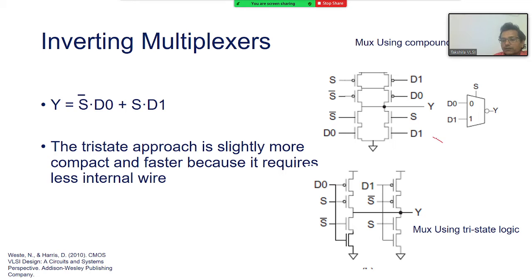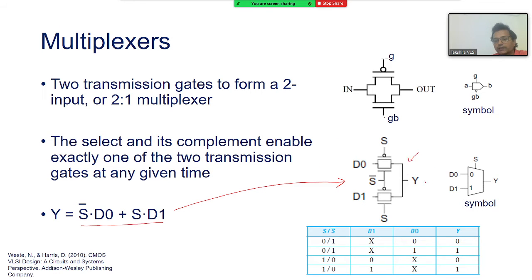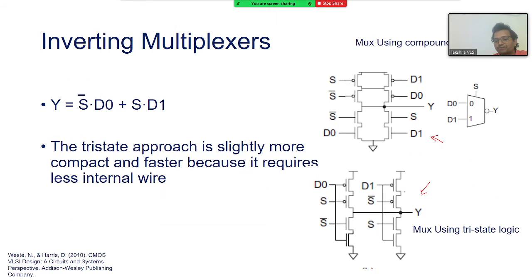So there was the first implementation, the second implementation, and this is also your third implementation, using the pass gates. If we compare these two on this slide, which circuit implementation is more compact and faster?